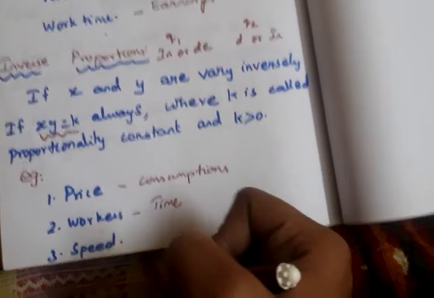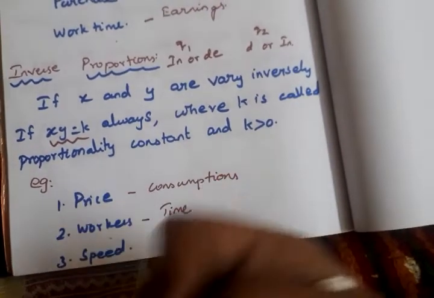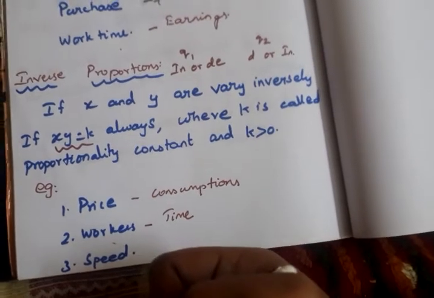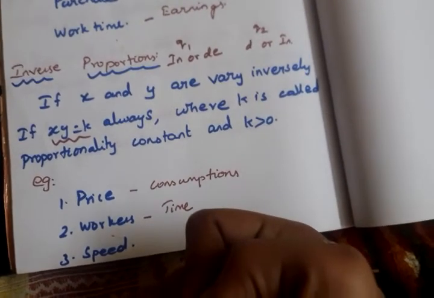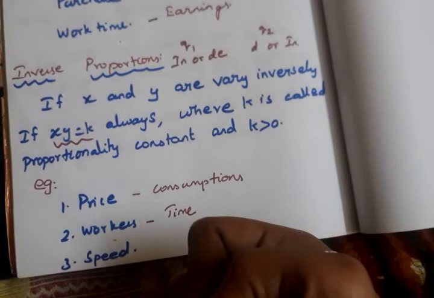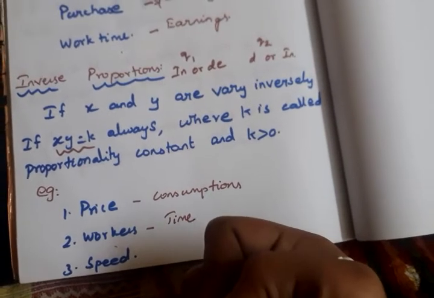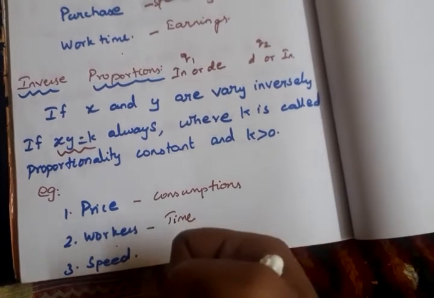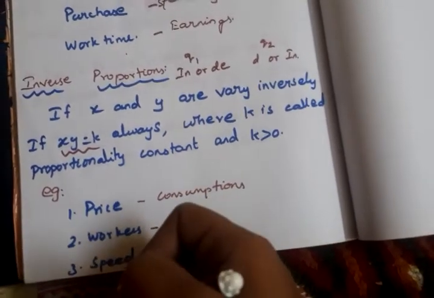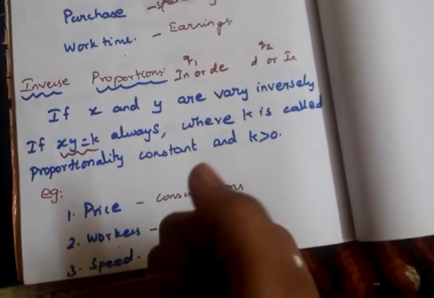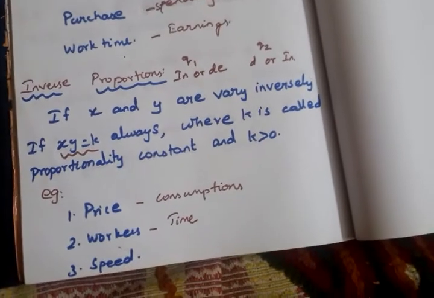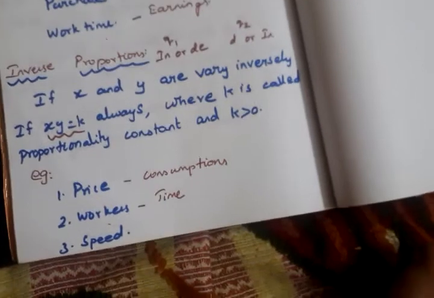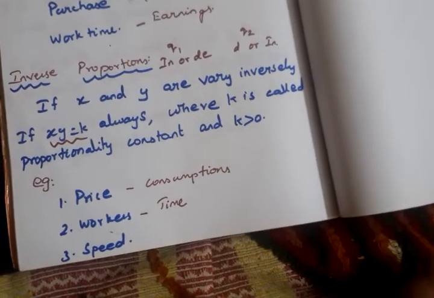If more workers are employed to complete a work, then the time taken is also less. So workers increase and time is less. That is called an inverse proportion.